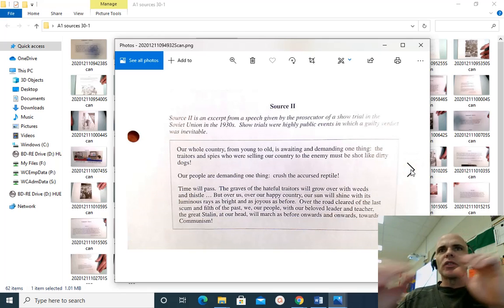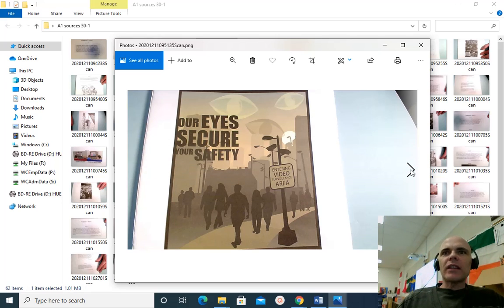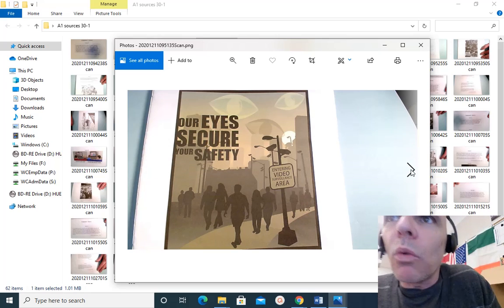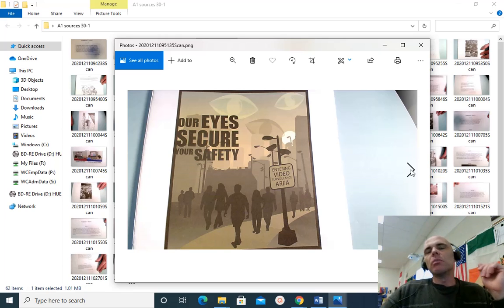Then the second source is from the USSR, and there's a pretty big attachment there that gives us context about it being from a show trial in the 1930s. And then we have that cartoon. That cartoon, by the way, in one form or another was used on both the 31 and the 32 diploma exams.